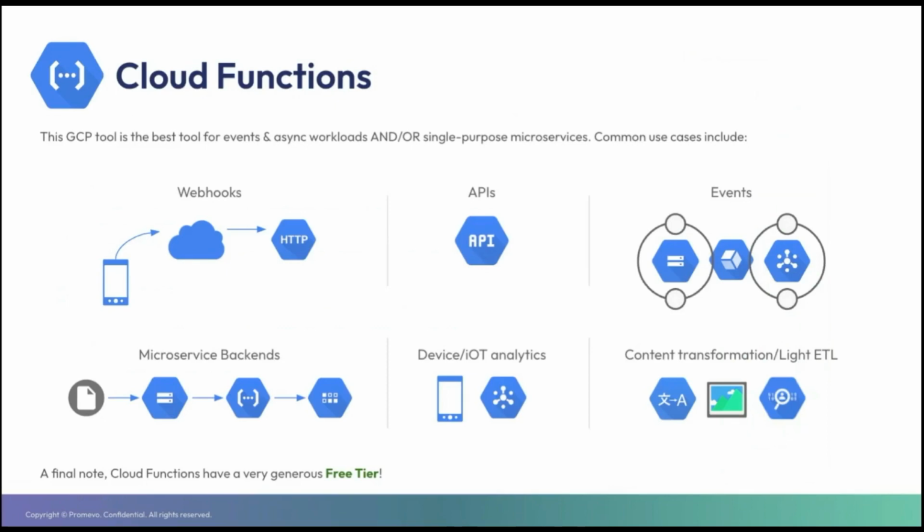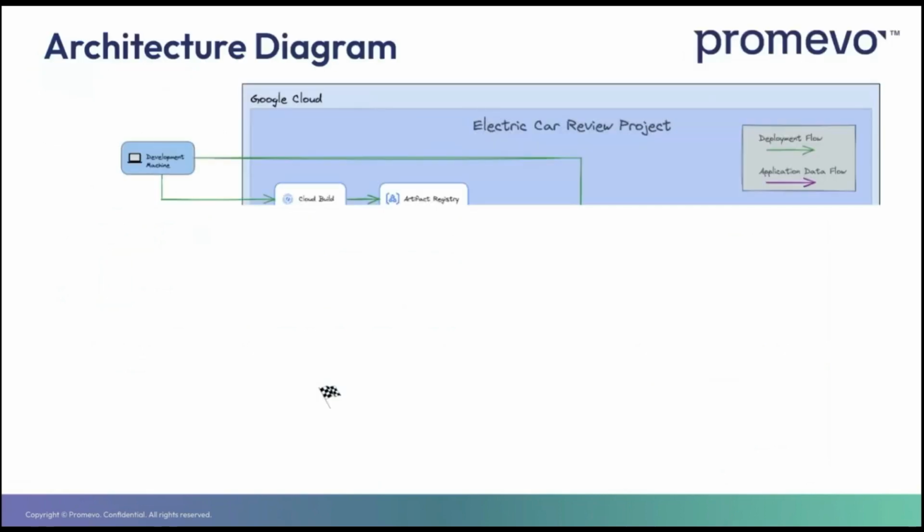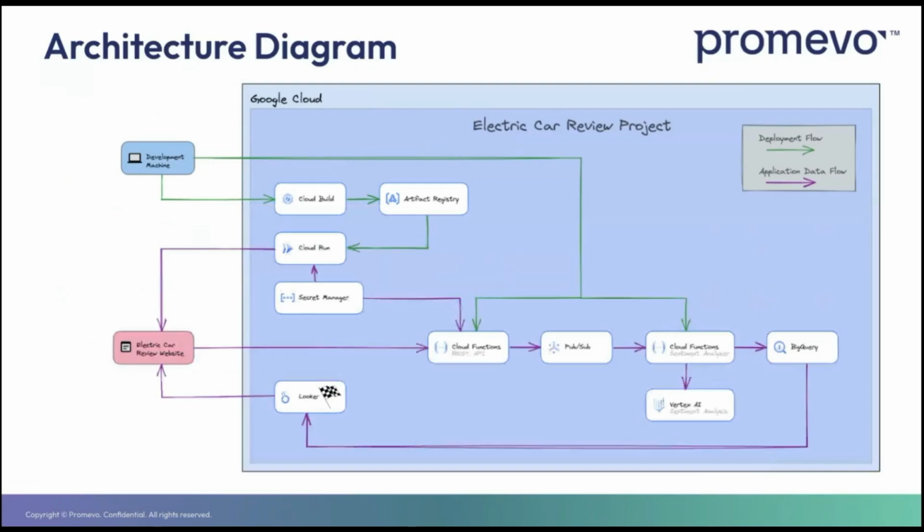Inside the Cloud Function, it's doing some data processing with the Vertex language model, takes the result, stores it in BigQuery, and then at the end of all that, it pushes out to Looker. So Cloud Functions are definitely going to help you out in many different ways. Not only as hosting platforms, but they hook everything together under the hood to get data from the front end all the way onto your Looker dashboard, into your analytics team's hands.